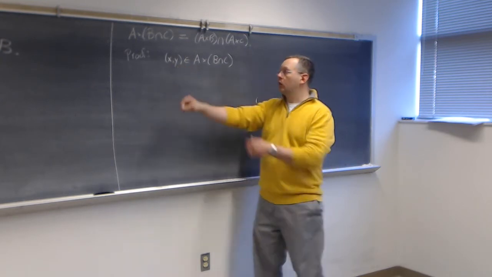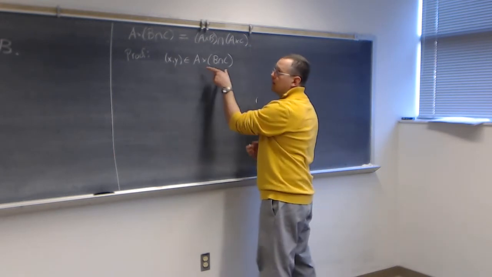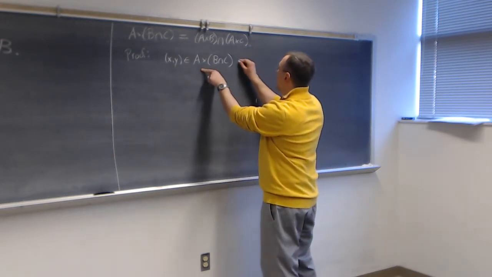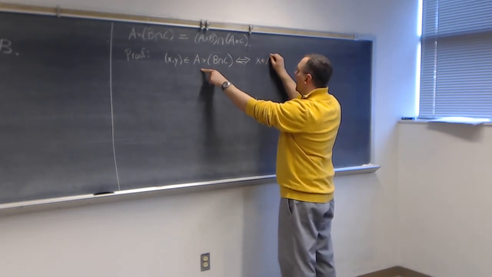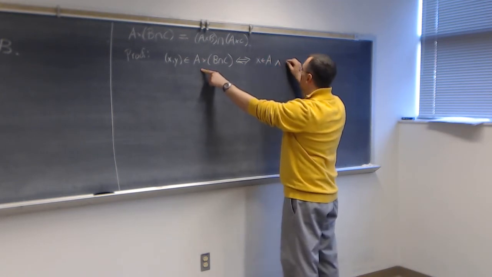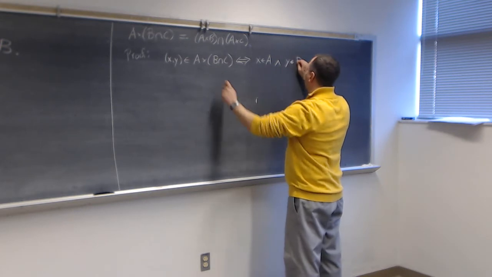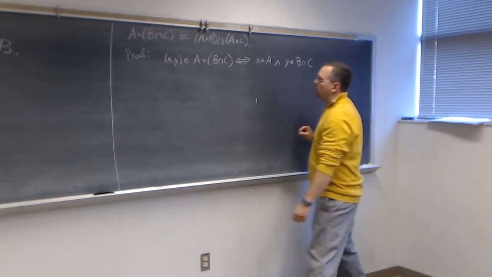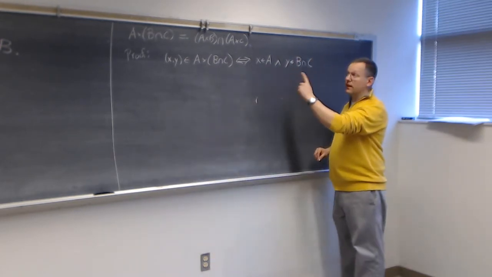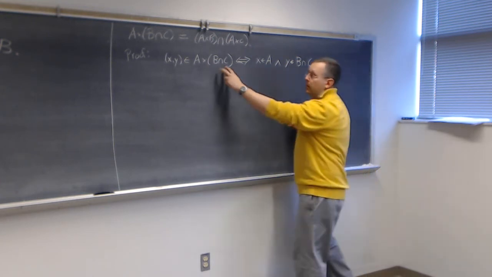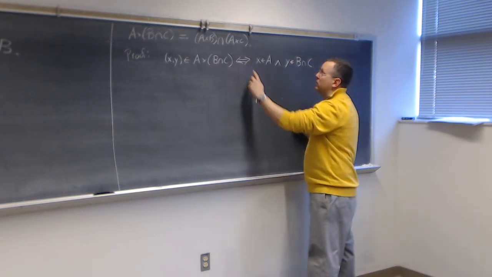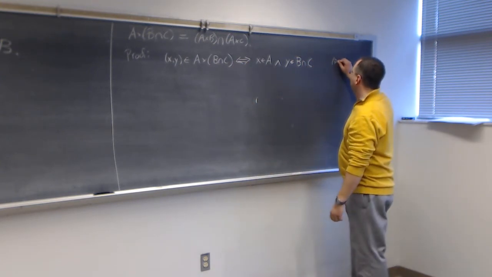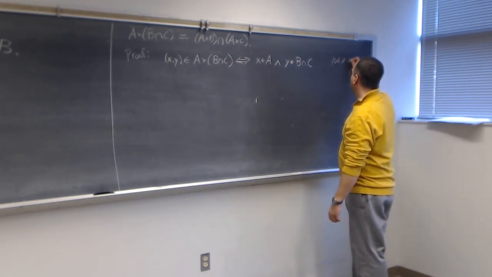So this ordered pair is in this set if and only if x is an element of A and y is an element of B intersect C. This is an if and only if statement that is true because I'm using the definition of the Cartesian product.